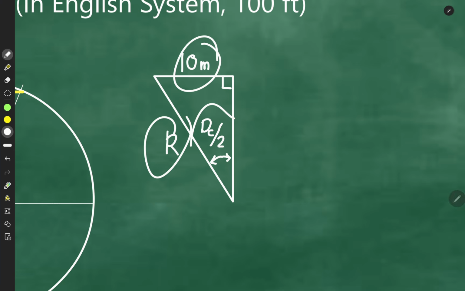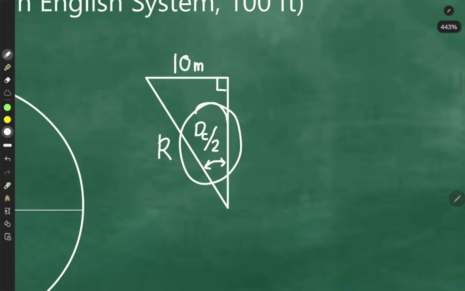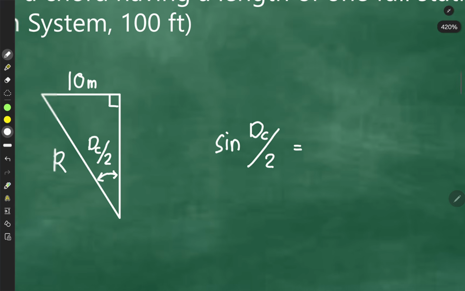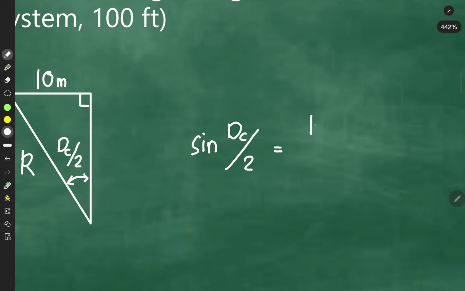Ito na lang, tsaka ito, this is angle. So this is just sine function. Okay? So sine angle equivalent to 10 over hypotenuse, which is r. Okay, so this is now equivalent to sine DC over 2 is equal to 10 over r.